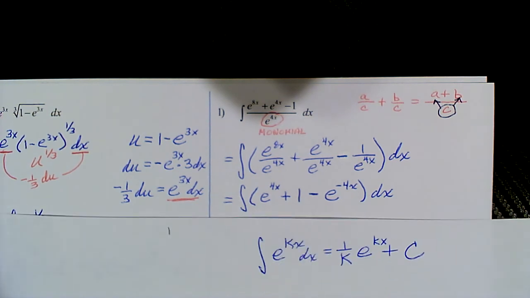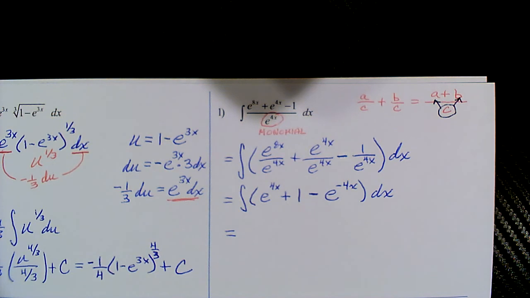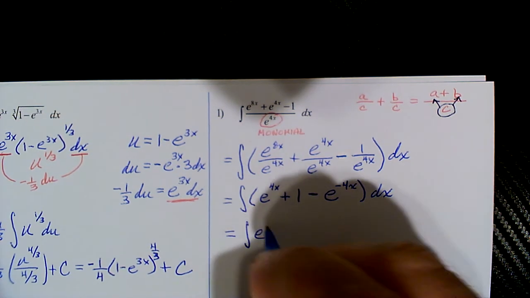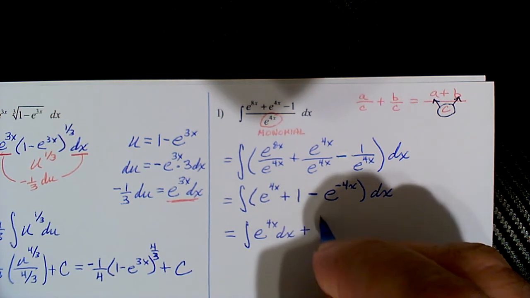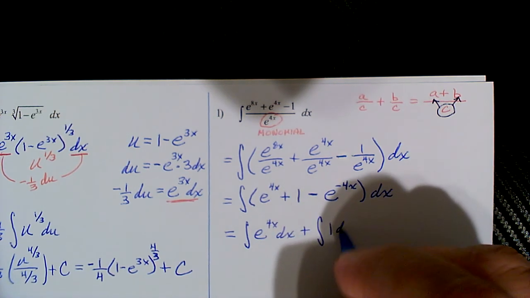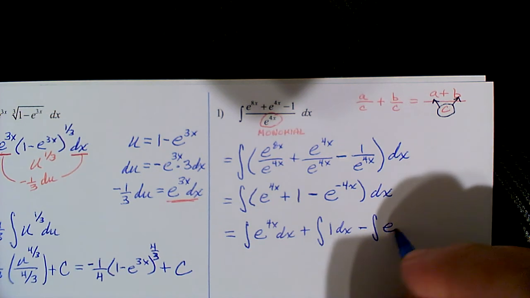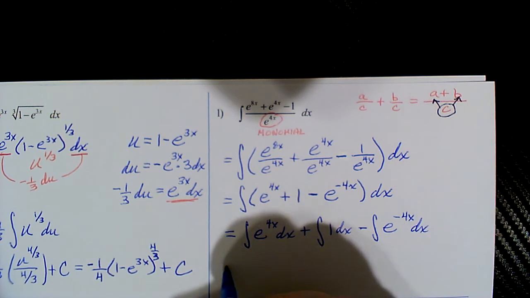So the first and third integrals fit that form identically of e to the kx. And just to make the integrations even more clear, let's separate this into three integrals. So the integral of e to the 4x with respect to x, then plus the integral of 1 with respect to x, and then minus the integral of e to the negative 4x with respect to x.